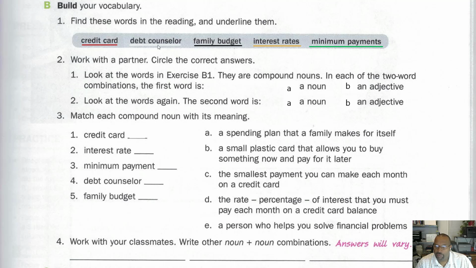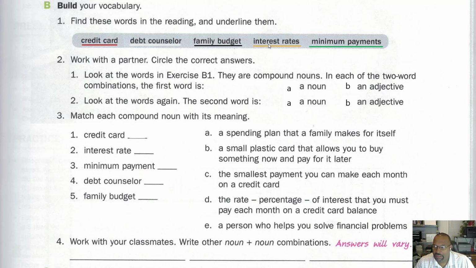Debt counselor. The first word is debt. Debt is a noun. Family budget. The first word, family, is a noun. The next word, interest rates. The first word is interest.